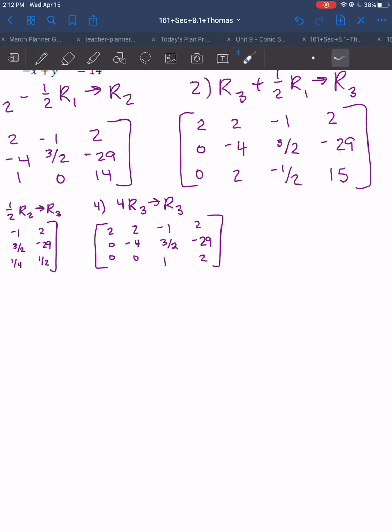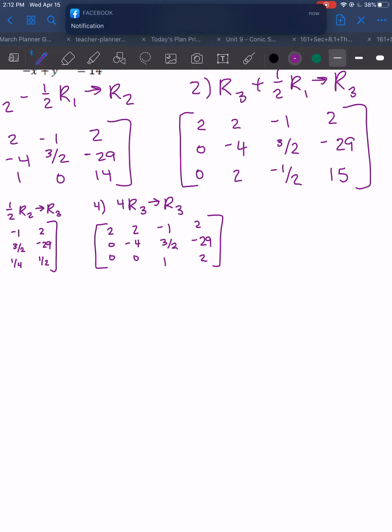So then I have this, and now I want this to be a 0. So 5 R2 minus 3/2 R3 and put that in R2.